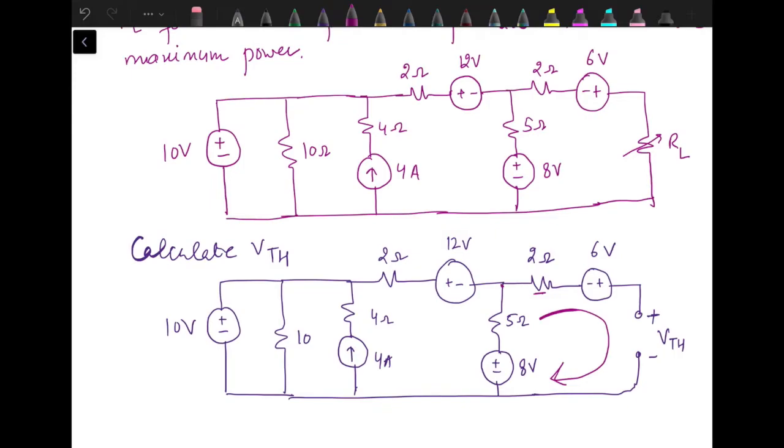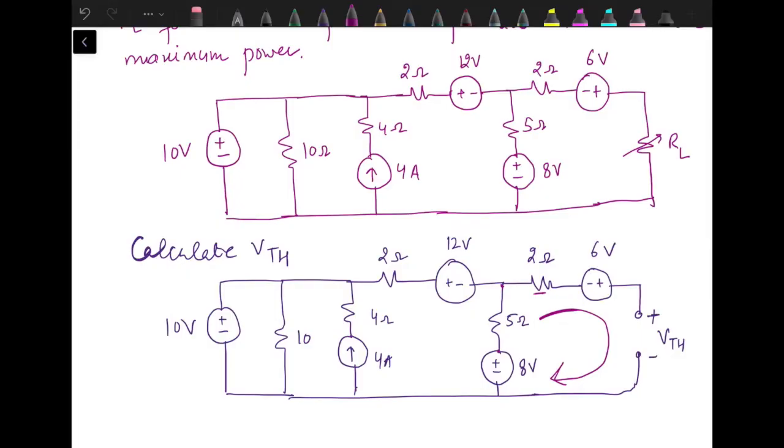We need to find out the current through this 5 ohm resistance. For that we can apply any method. We can go with nodal analysis, we can go with mesh analysis, or we can even apply KVL in any suitable branch.